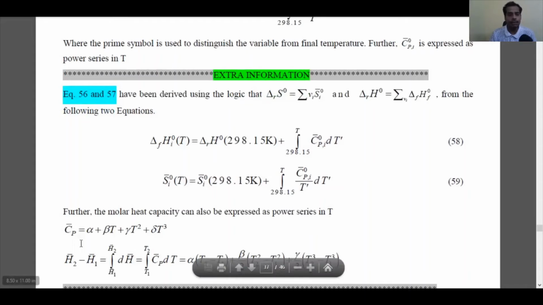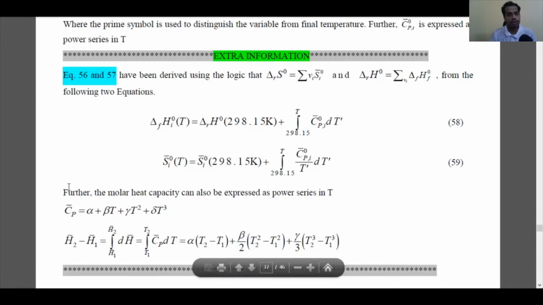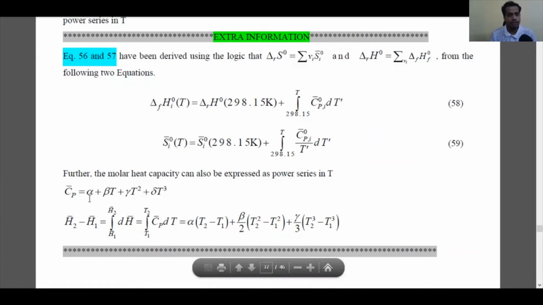Again, the heat capacity at constant pressure is also dependent on temperature, and the molar heat capacity is expressed as a power series in temperature, given as alpha plus beta T plus gamma T square plus delta T cube. As I said, dH is equal to Cp dT. So for two different temperatures T1 and T2, it will be alpha (T2 minus T1) plus beta by 2 (T2 square minus T1 square) plus gamma by 3 (T2 cube minus T1 cube).